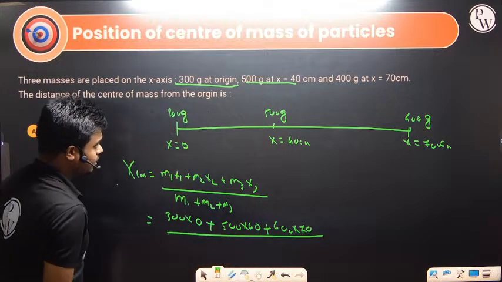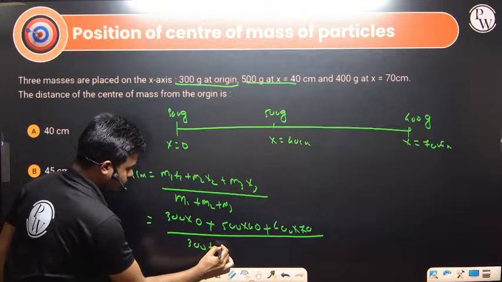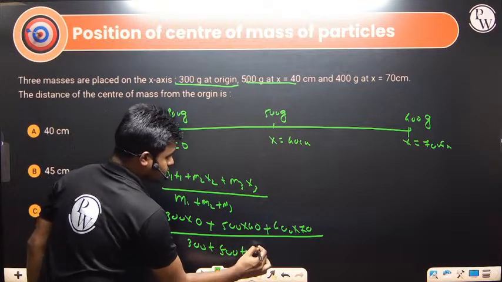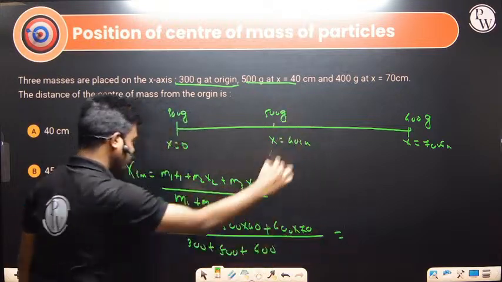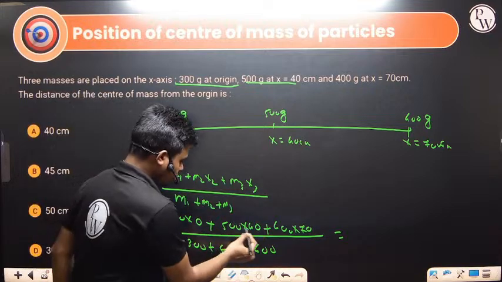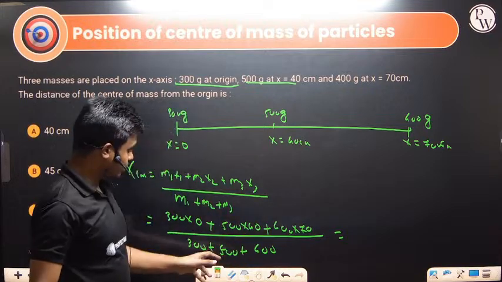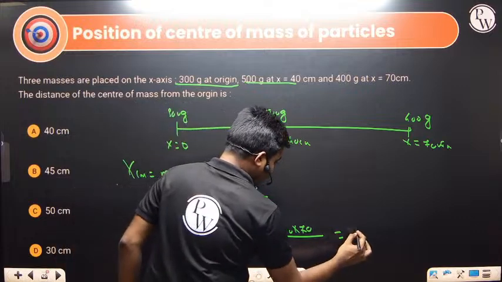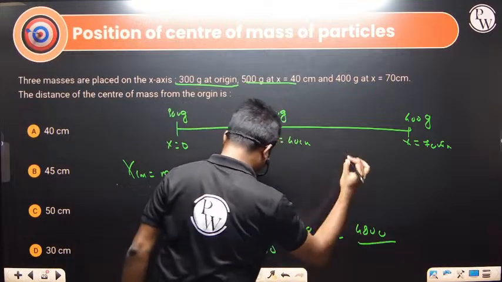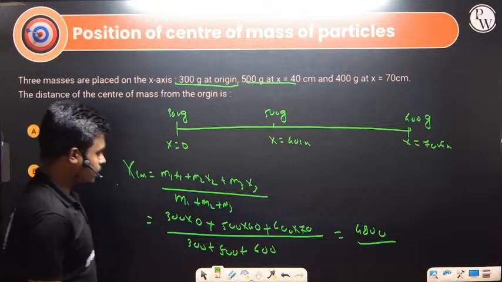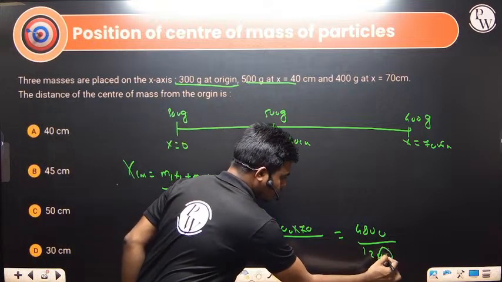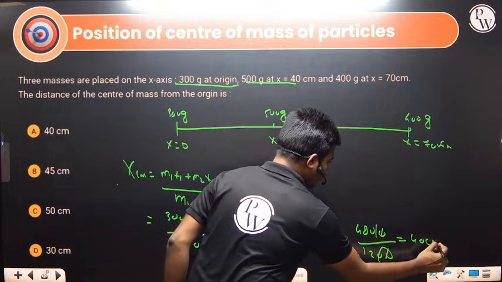The total mass is 300 plus 500 plus 400, which is 1200. The numerator is 2000 plus 2800, which is 4800. Dividing 4800 by 1200, we get 40 centimeter.